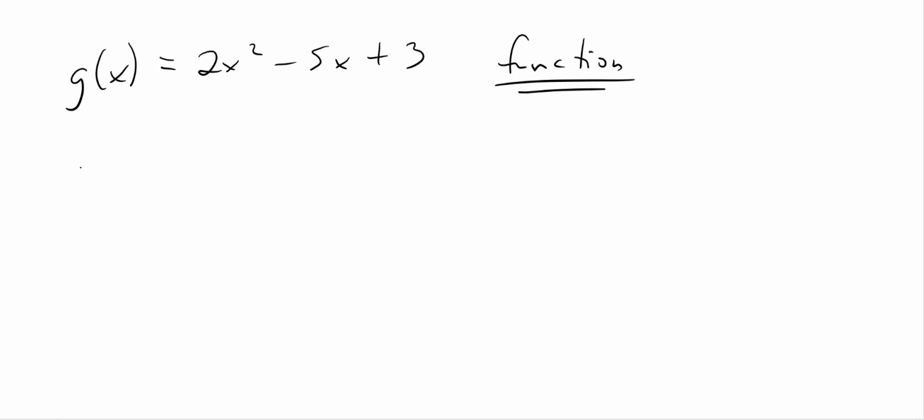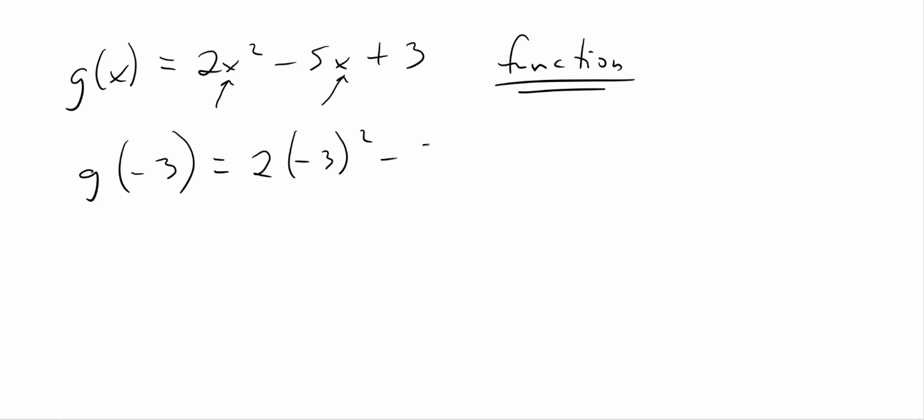Now I'm going to say, what's g of negative 3? That means you're going to put a negative 3 into wherever you see an x. You're just going to substitute a negative 3 in there. That's all you're going to do. So I'm going to get 2 times parentheses negative 3 squared minus 5 times negative 3 plus 3.